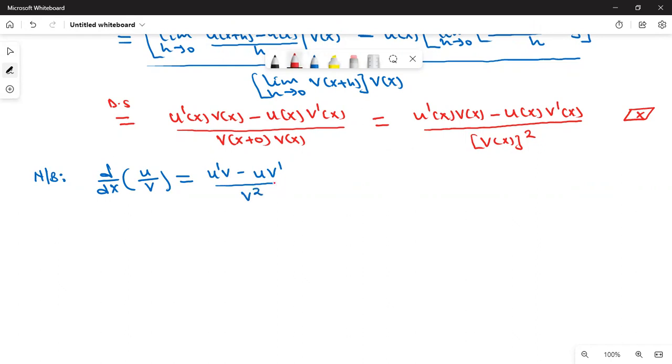That is the quotient rule in summary. You need to master this formula because you will use it in advanced calculus.